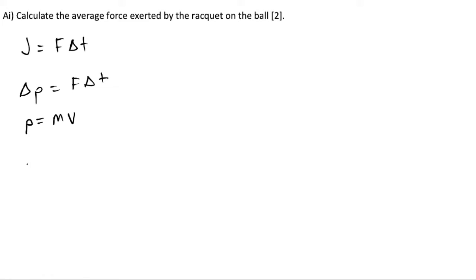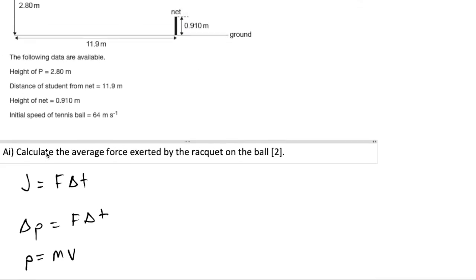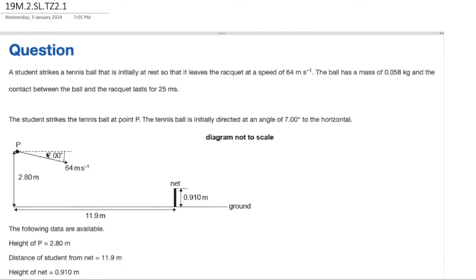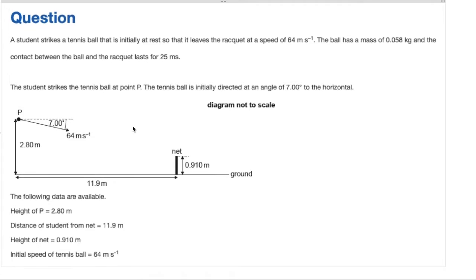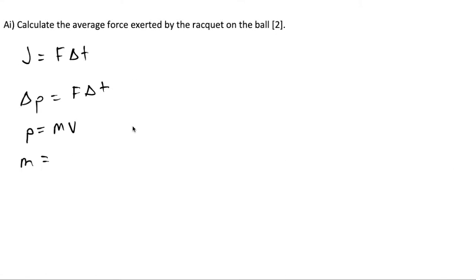We are given the mass, m is equal to 0.058 kg, and the velocity is, of course, 64 meters per second.